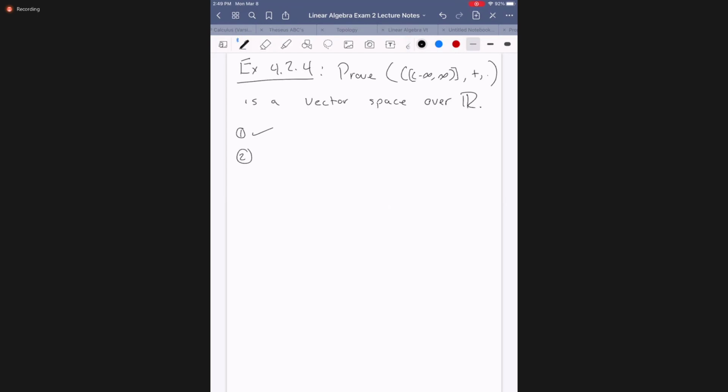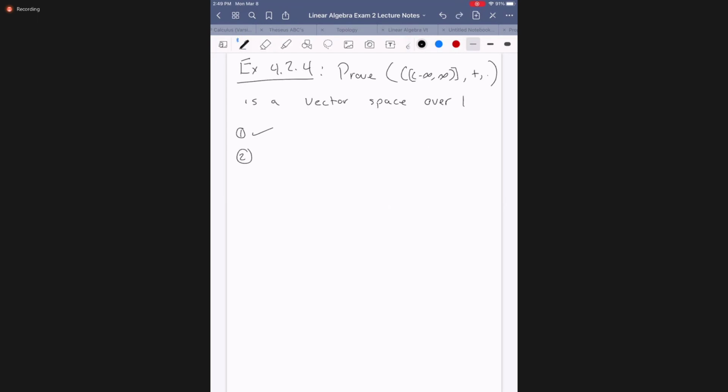Again, if I have a continuous function f, does there exist a g in my continuous functions such that f plus g is equal to 0? Yes. What is that one? Just negative f, right? And we already said that multiplying constants on f makes it remain continuous, so negative f is definitely in that set. Real numbers distribute on my continuous functions, and so on and so forth.